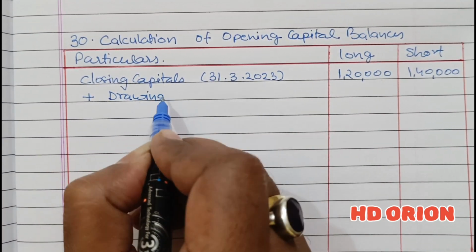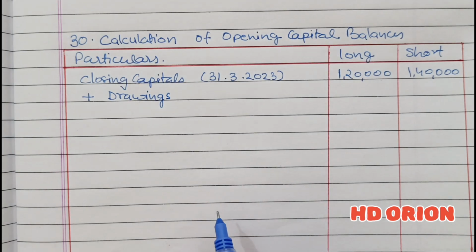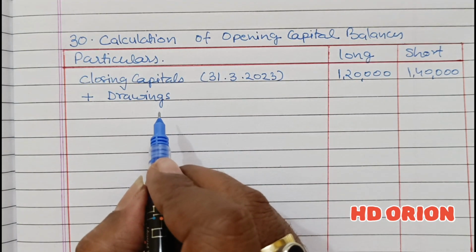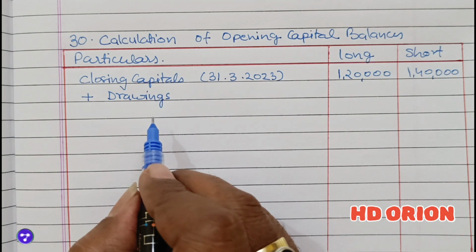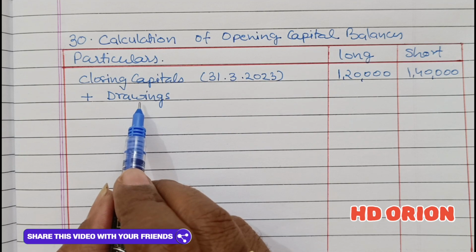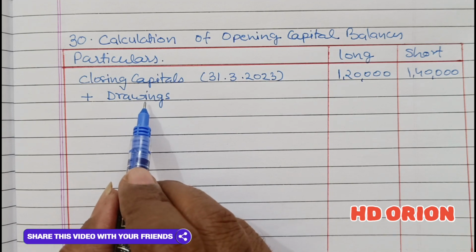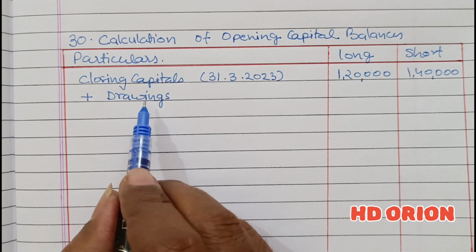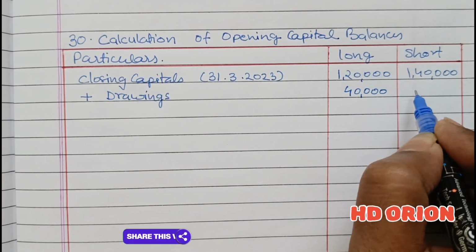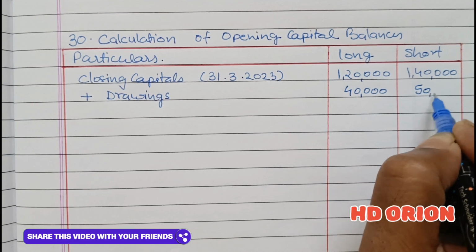Drawings are the amount which is withdrawn from the business by the partners. So it has to be subtracted from opening capital balance. But because we are starting from closing capital balance, reverse will be the logic. We will add back drawings to calculate opening capital balances. It is 40,000 for the first partner and for short it is 50,000.